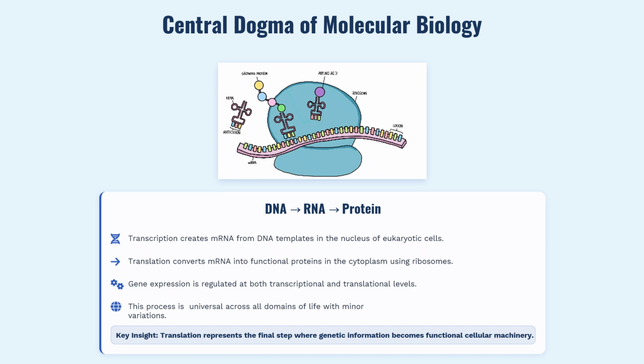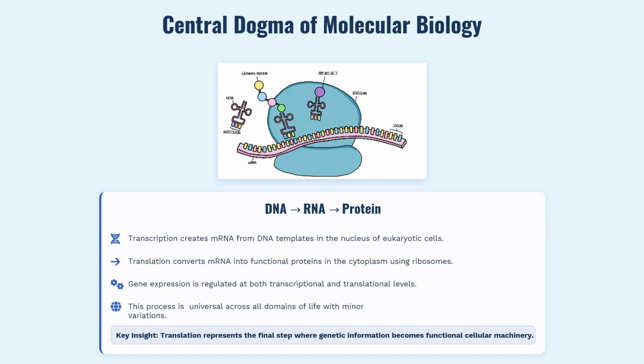Transcription creates mRNA from DNA templates in the nucleus, while translation converts mRNA into proteins in the cytoplasm. Translation is particularly important because it represents the point where genetic information becomes functional molecules that carry out cellular processes.